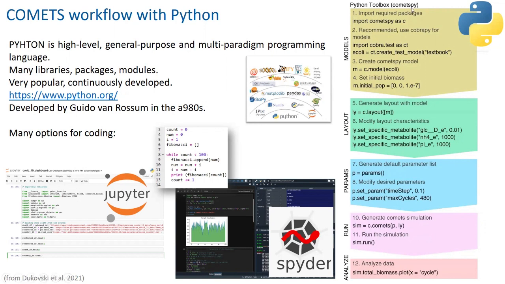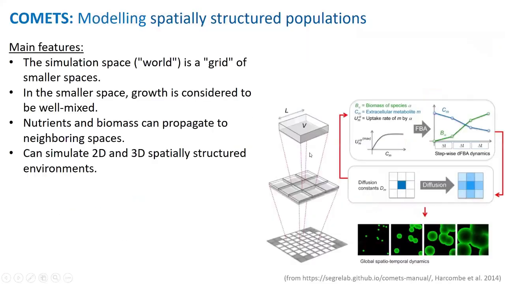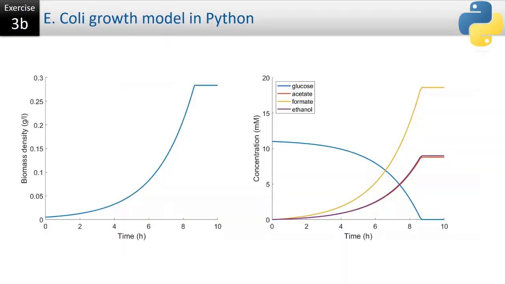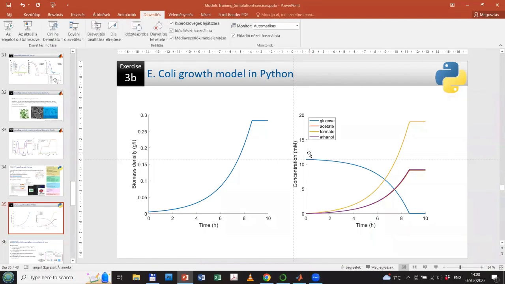For example, Comets is the Python toolbox of the Comets software, and then you can use different means. You can use Jupyter, which is the browser-based version of Python, or you can have Spyder. I think we don't have so much time, so maybe I will just skip this one.